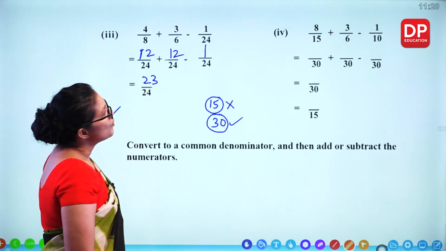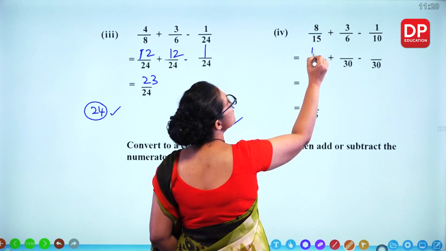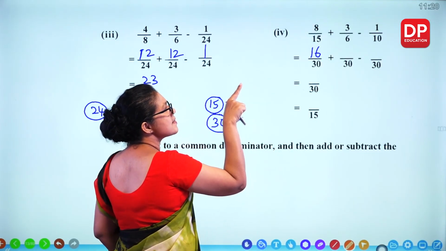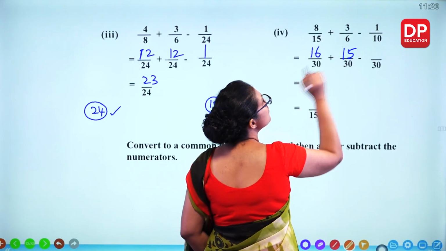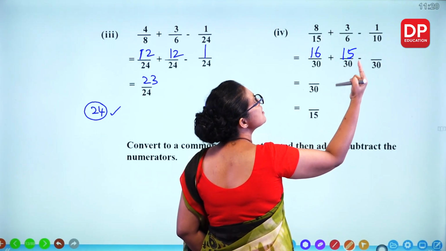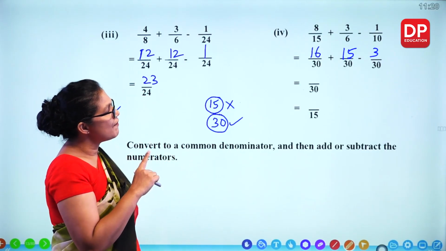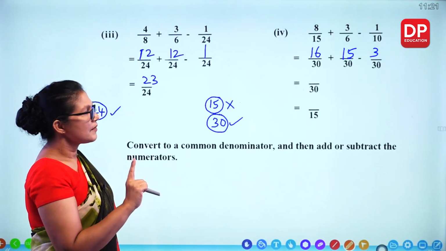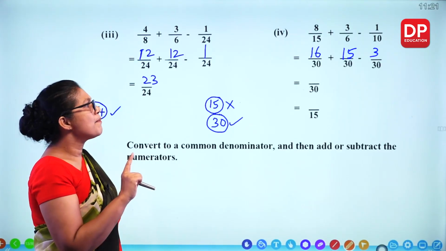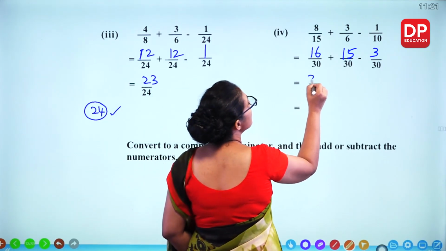Now find the equivalent fractions. 15 times 2, so 8 times 2, 16. 6 to 30, multiply by 5. 5 times 3, 15. 10 to 30 means multiply by 3. 3 times 1, 3. Now simplify. 16 plus 15, what's the value? 31. 31 minus 3, 28.